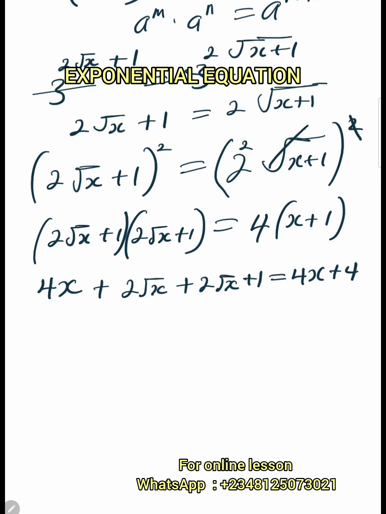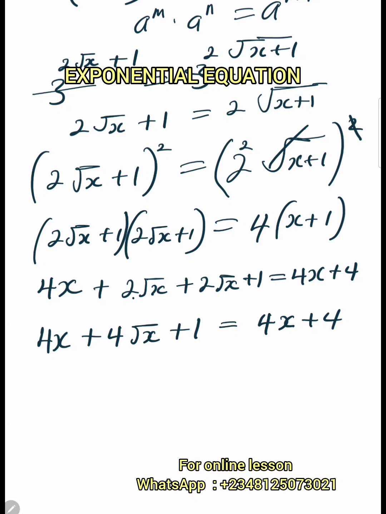Now let us go further. Let's proceed. Here, the next line gives us 4x, we're having 2 root x, another 2 root x, so it will now give us plus 4 root x. Then this one, we have plus 1 equal to 4x plus 4. Now let us collect the like terms.